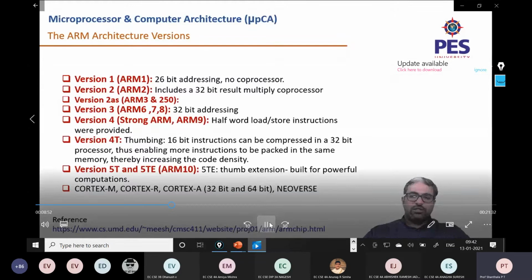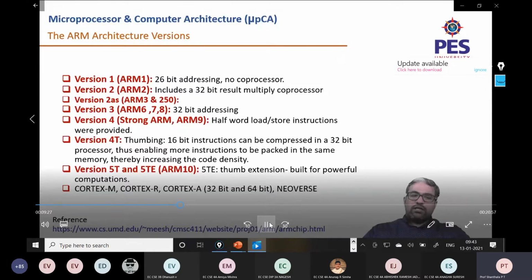So a few versions like 4T provide Thumb operations, where you can write a program for 16-bit instructions instead of going for 32-bit instructions. Nowadays you get Cortex-M, Cortex-R, and Cortex-A with Neon versions in your mobile phones or tablets.